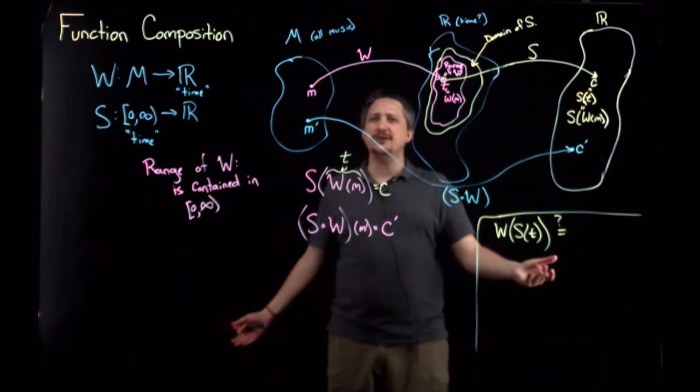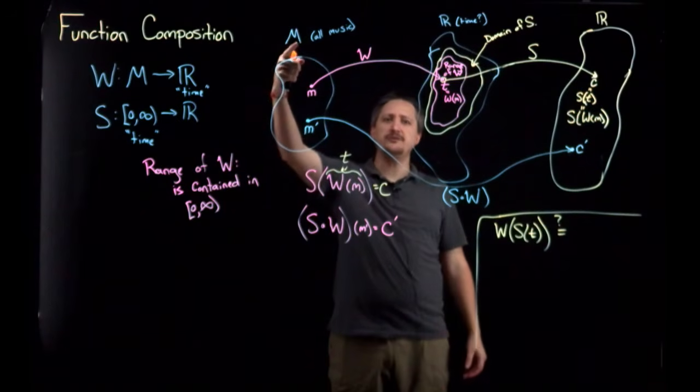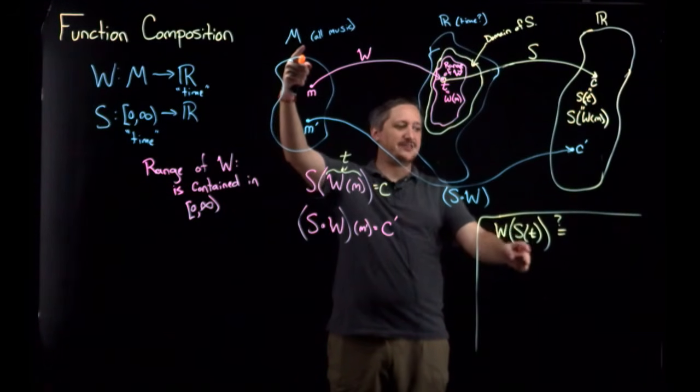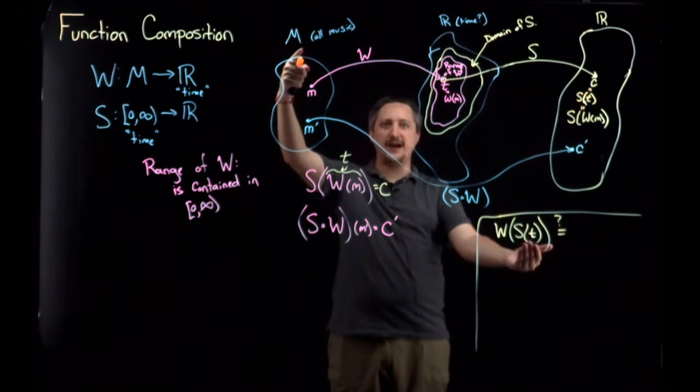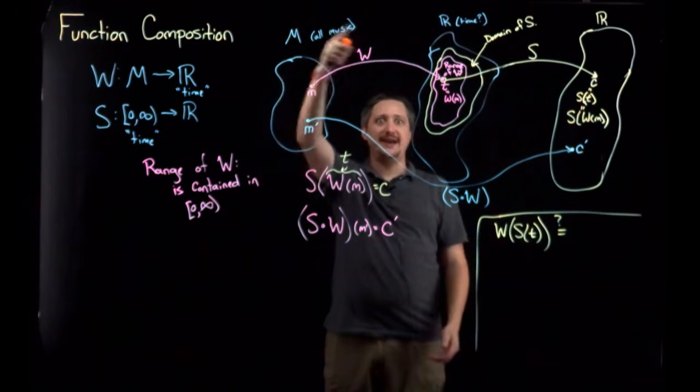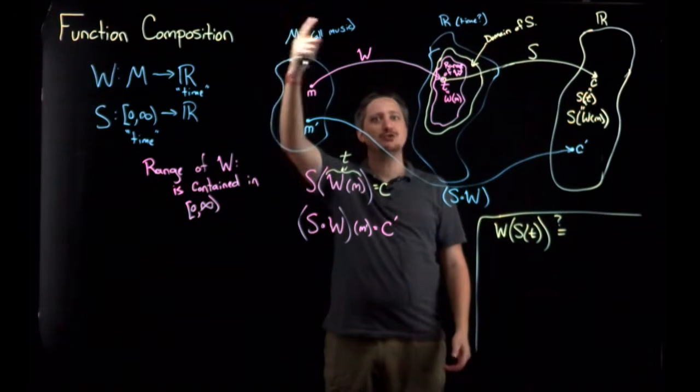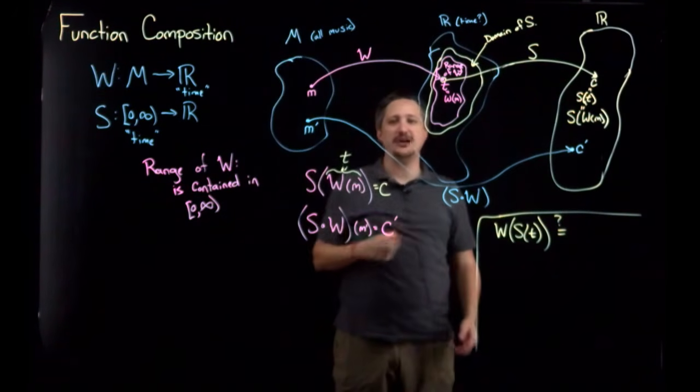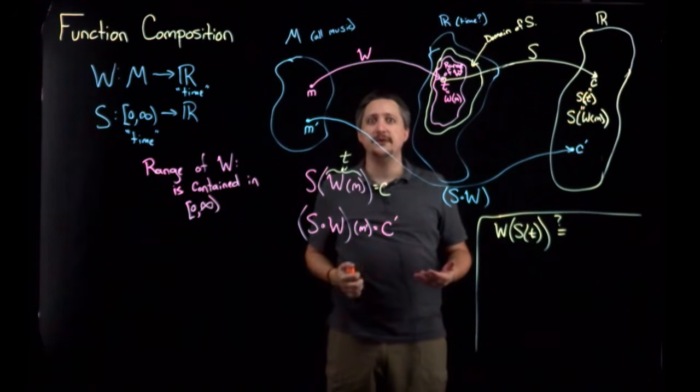That doesn't make any sense, right? The input into W is supposed to be music. And so the fact that S is outputting a number, a value of money, a cost, means that W doesn't understand that. W only understands individual pieces of music and tries to give you how much time it takes to produce that music, right?